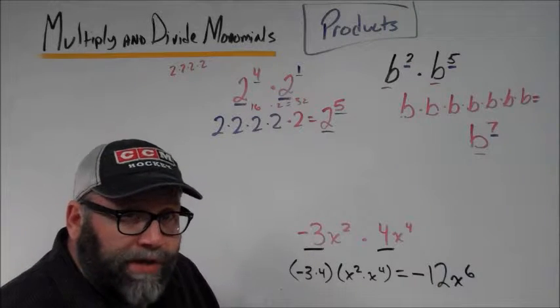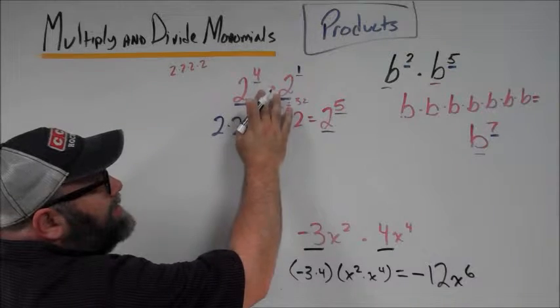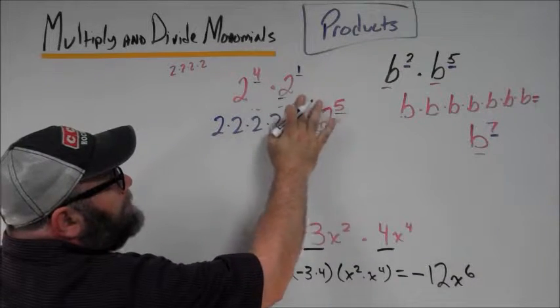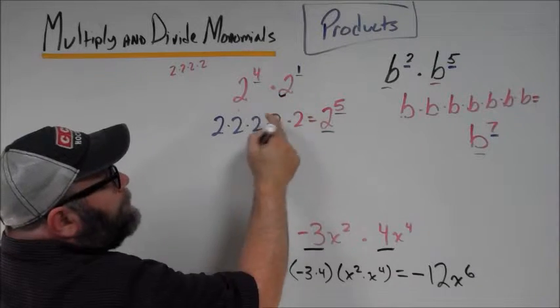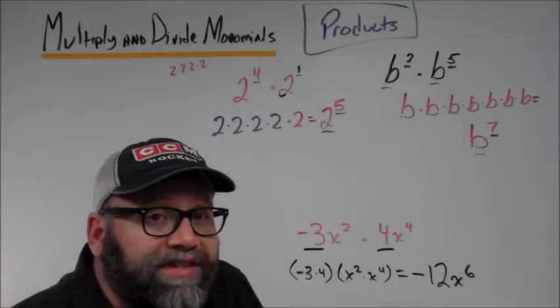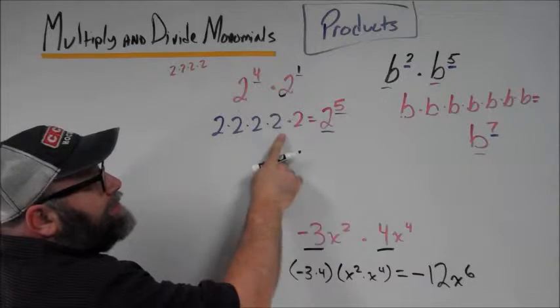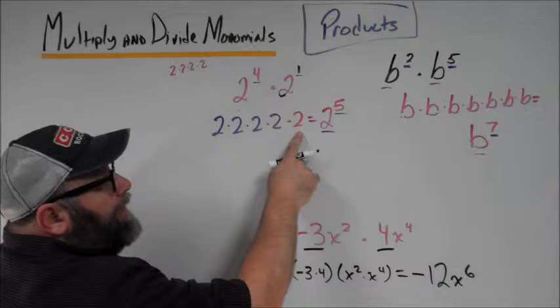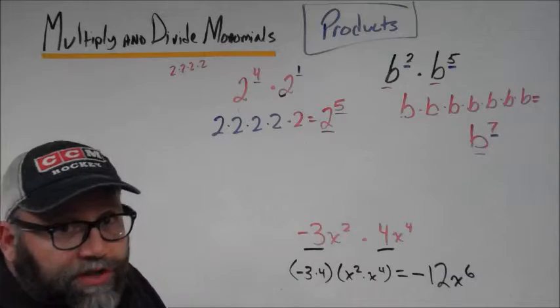There's a bit of a twist here, so just be sure you don't do this. When you come back to this problem, 2 to the fourth times 2 to the first, because we're just multiplying like bases, the base is not going to change. This just says there's 4 factors of 2. This says there's 1 factor of 2. And with the 2 of them, there are 5 factors of 2.